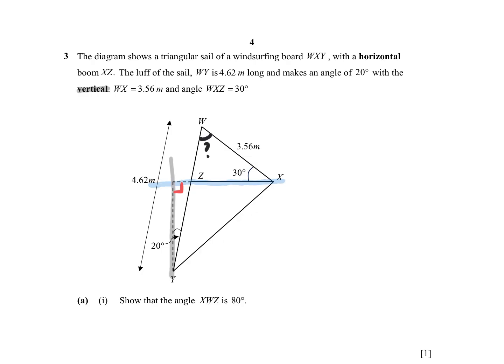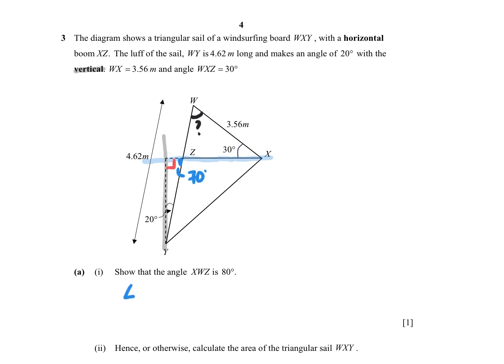So if you know that that is 90 degree, then naturally this angle here is 70. If you know the angle is 70, you can find WZX to be 70 because of vertically opposite angle.